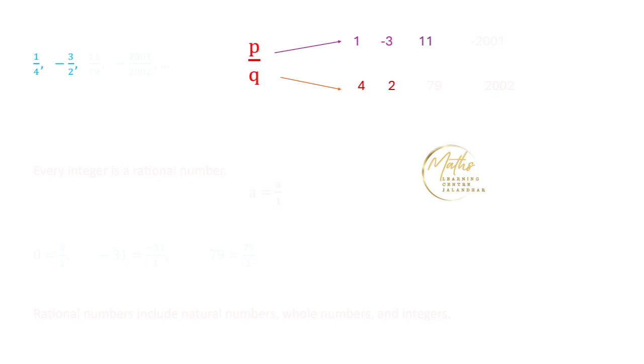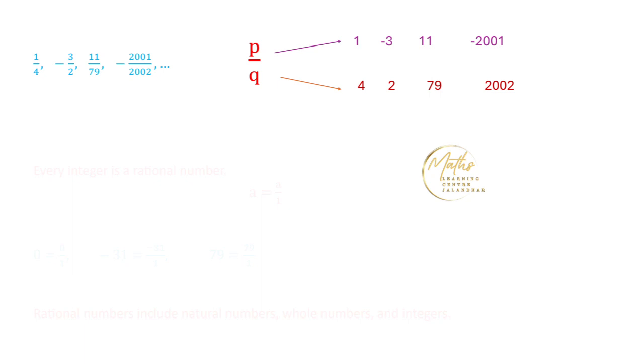If we substitute P is equal to 11 and Q is equal to 79, we will obtain 11 by 79. If we substitute P is equal to -2001 and Q is equal to 2002, then we obtain the rational number in this form. So like this, by substituting different values of P and Q, we can obtain different rational numbers.